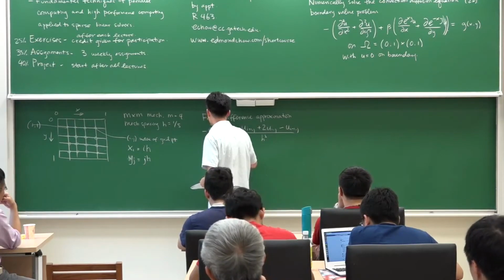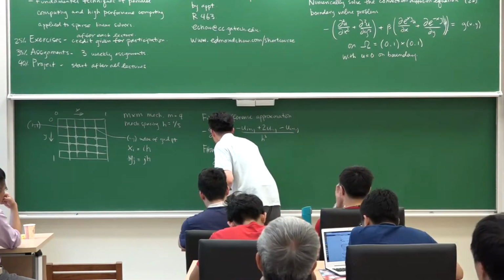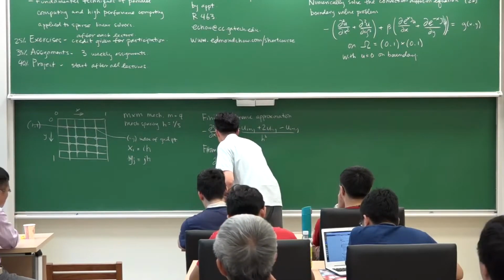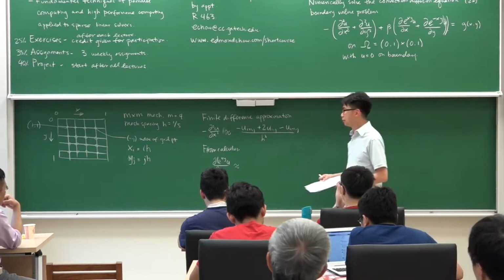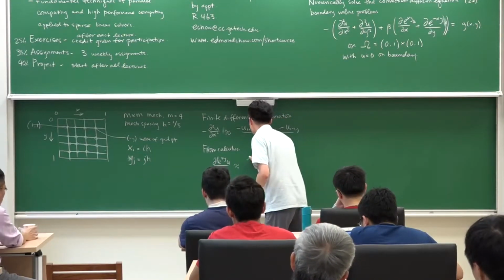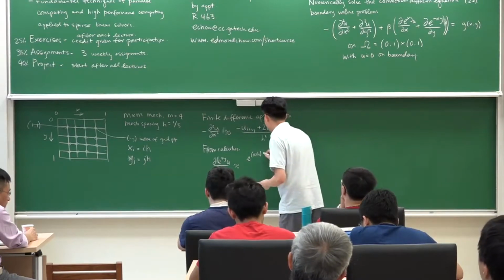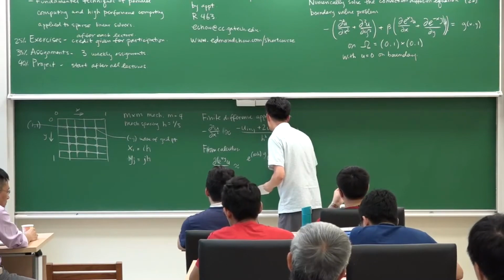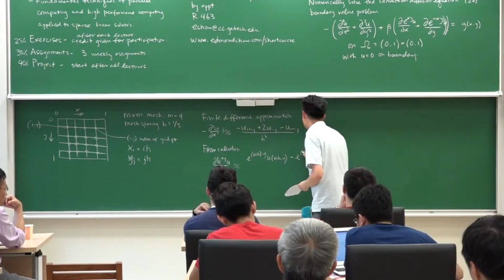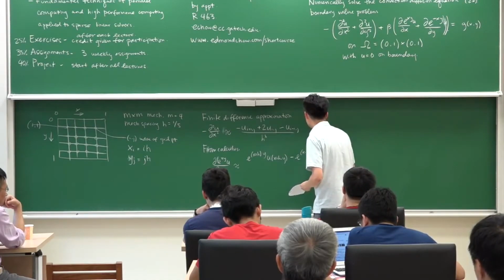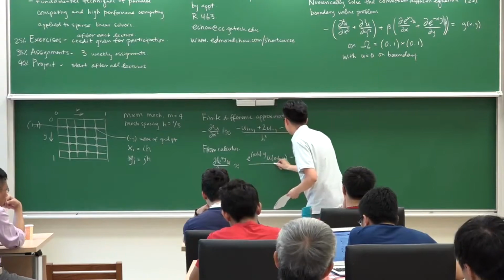From calculus, the derivative with respect to x of e^{xy} times u is approximately equal to, using the definition of a derivative, e^{(x+h)y} times u evaluated at x+h, y, where h is the mesh spacing, presumed to be small, minus e^{(x-h)y} times u evaluated at x-h, y. This is a first derivative, so this is all over 2h.